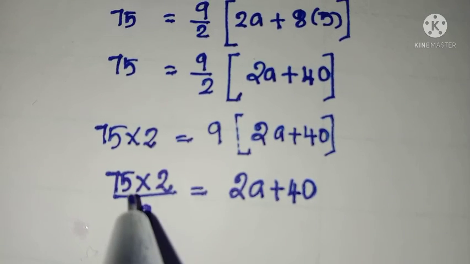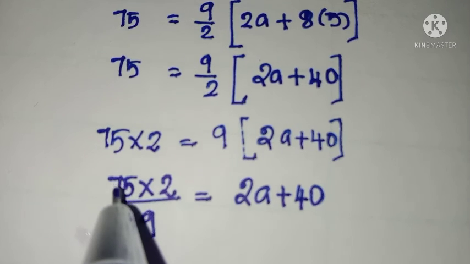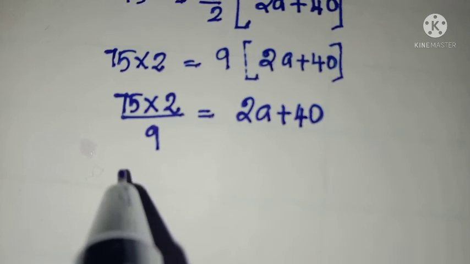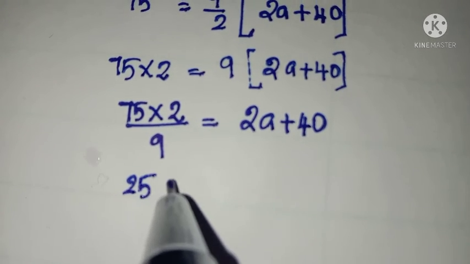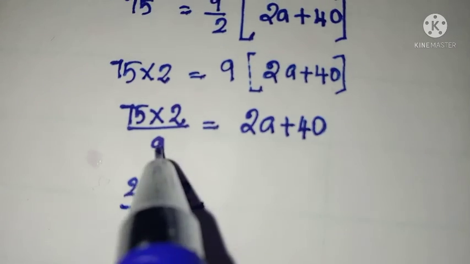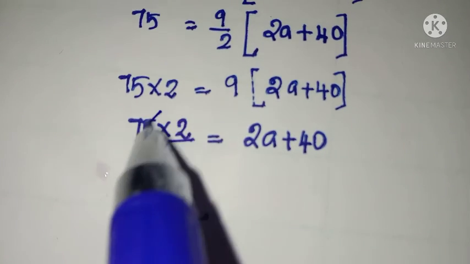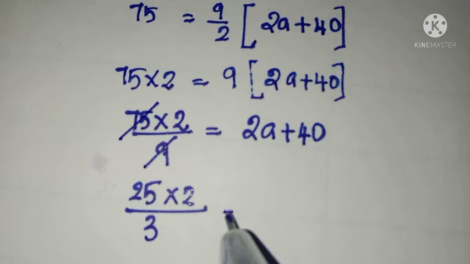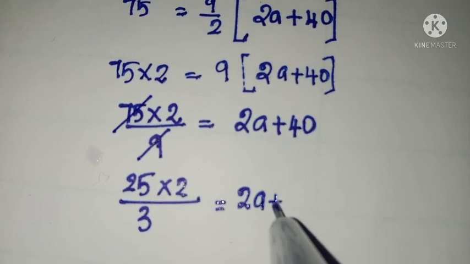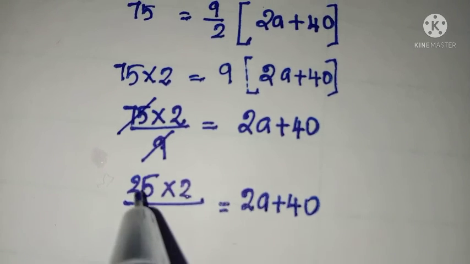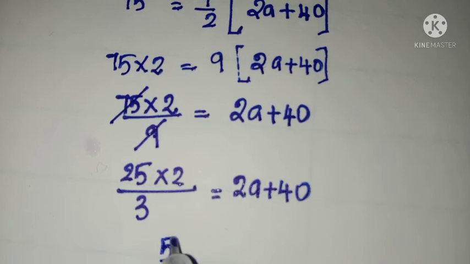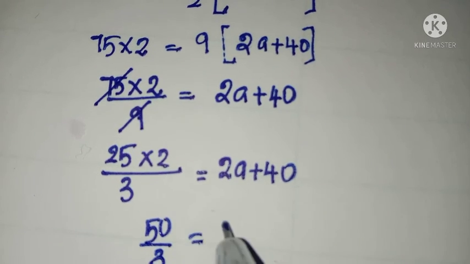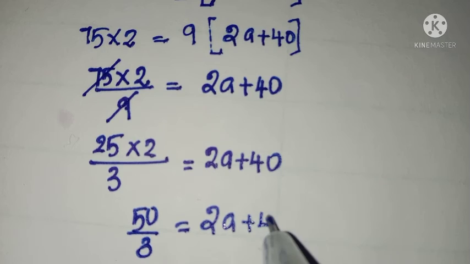Okay. Here we can cancel 3. 75, that is 25 into 2 by 9 becomes 3. Cancelling 3 from here, equal to 2a plus 40. 25 into 2, 50. 50 by 3 is equal to 2a plus 40.